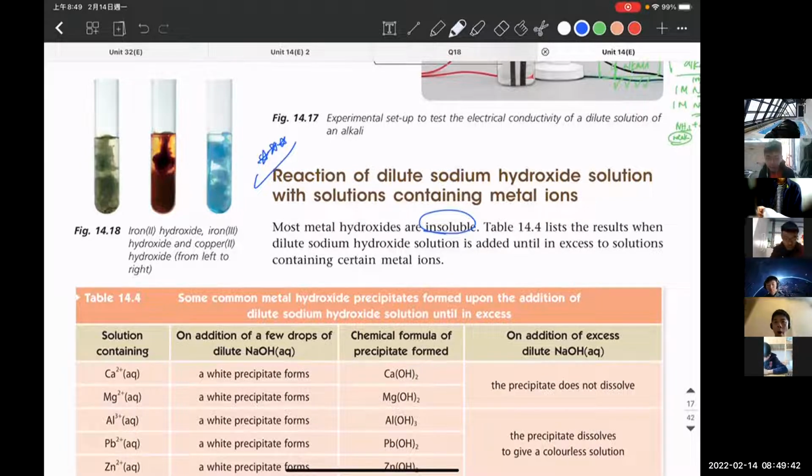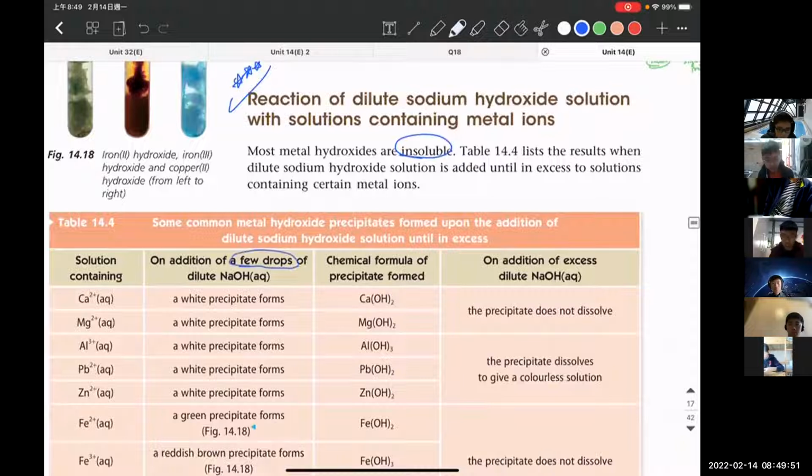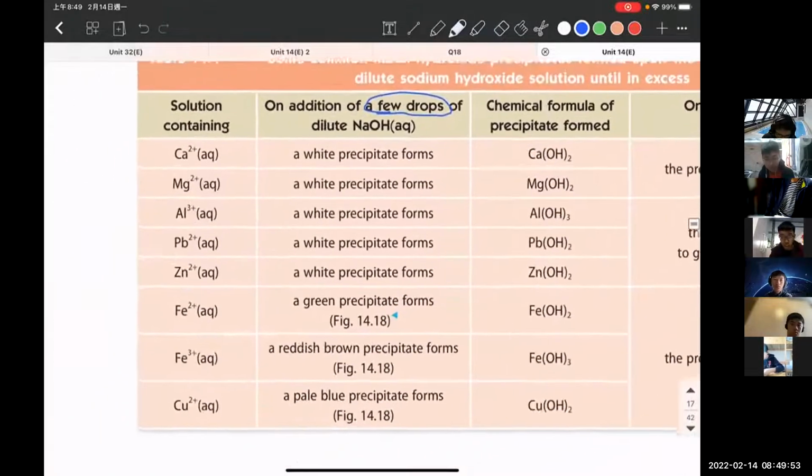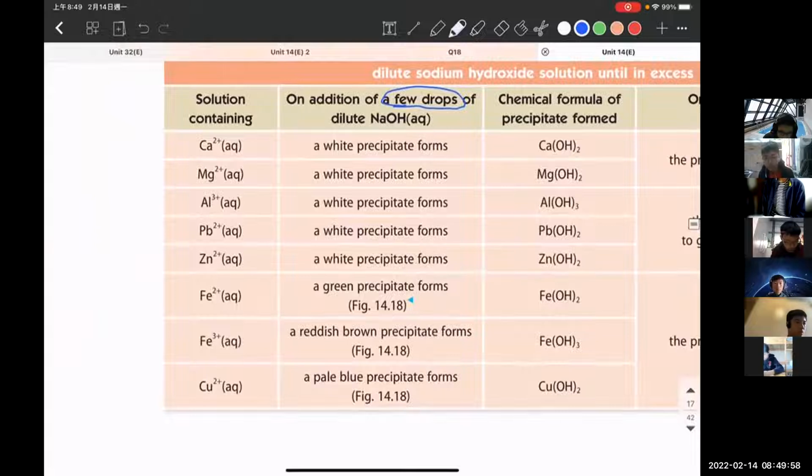So if I add a few drops, take a look at that very carefully, a few drops of NaOH, most of the solutions, you may check calcium, magnesium, aluminium, lead-2, zinc, iron, copper. Oh, very similar, right? Very similar to what we see in the metal reactivity series.